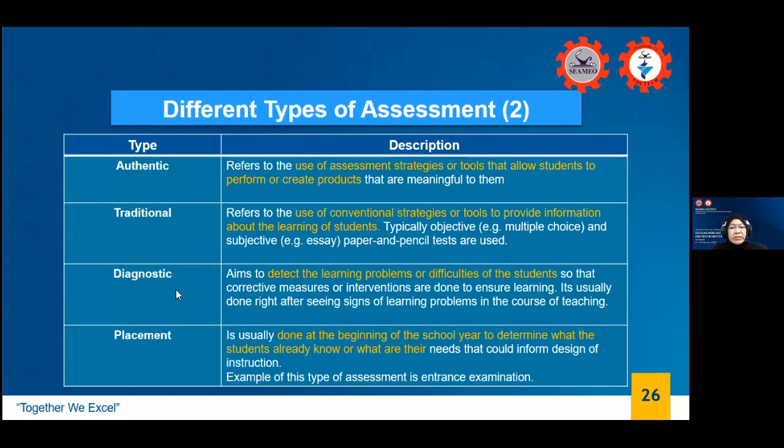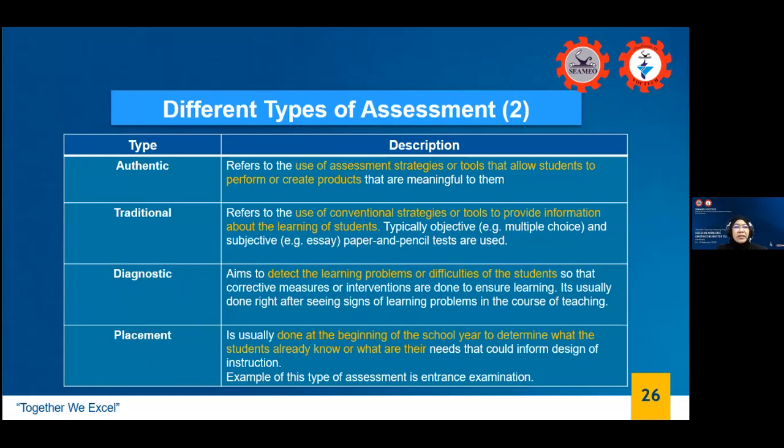Both are types of assessment that should be done at the whole institution level, where a specific person or a counselor is tasked to do this assessment.